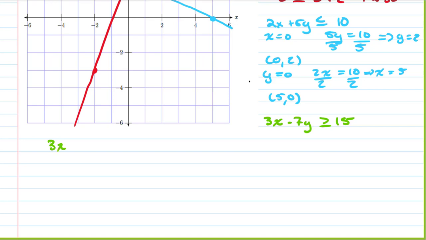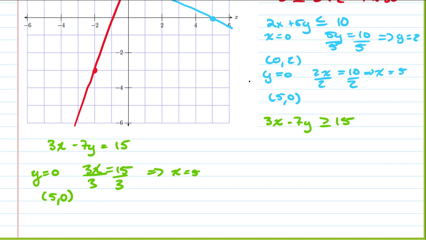So let's just set up the equation and see if we can find some values that will work out well. One of them that will work well is if we pick y equals 0, then we get 3x is equal to 15, divide by 3, we get x is 5. And that's good because we get the point 5, 0.